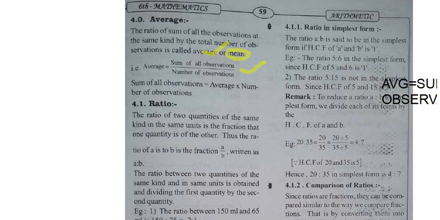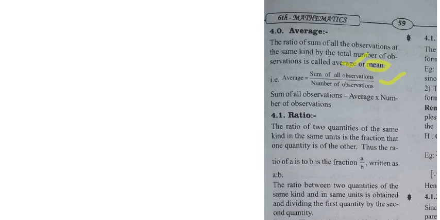So from this, sum of the observations is equal to, can I write, average into number of observations? Yes. So see my boys and girls, here this is my average. Average is equal to sum of observations.